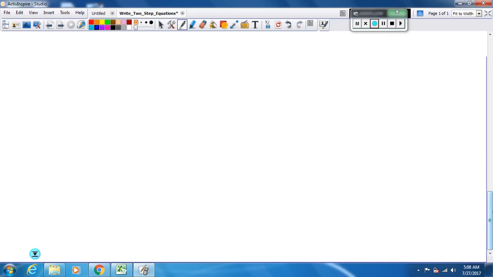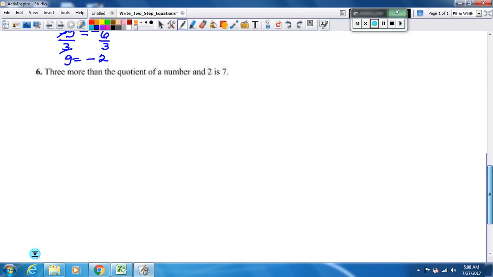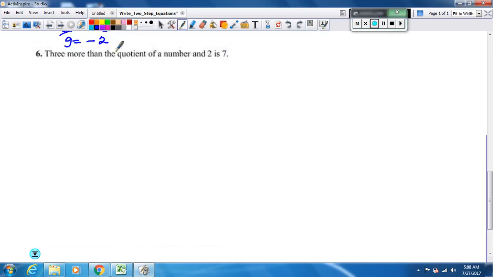Okay, the next one. Again, you got the word than, so more means plus. Whatever's in front of more goes at the end. Let's say H equals a number.